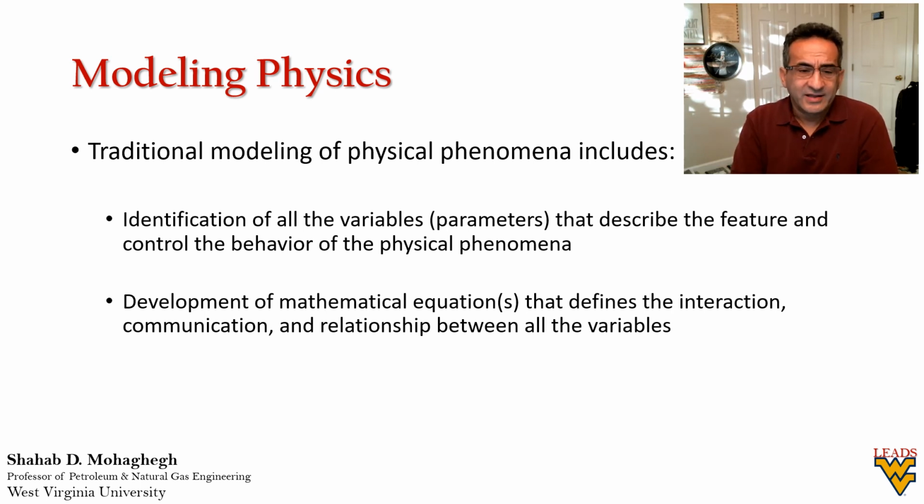And after that, we go through development of mathematical equation or equations, depending on the complexity of the physics phenomenon that we're trying to model. And that equation defines the interaction, the communication, and the relationship with all the variables that we have identified in the step prior to that.